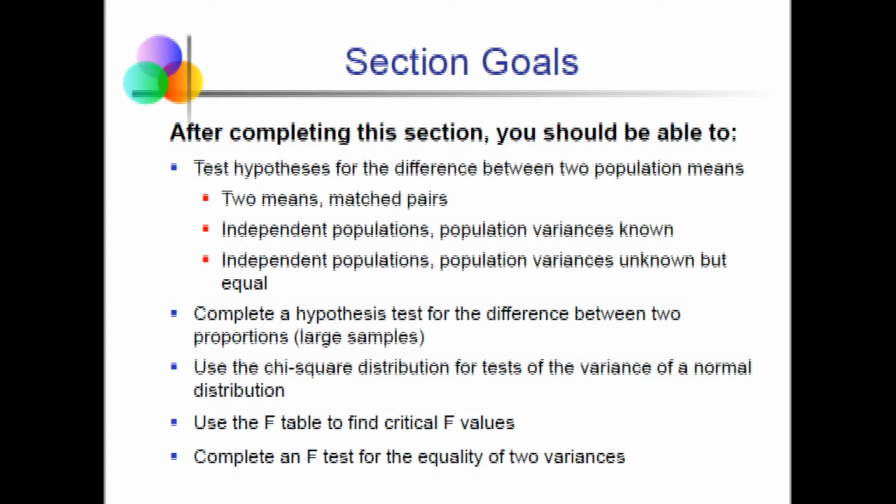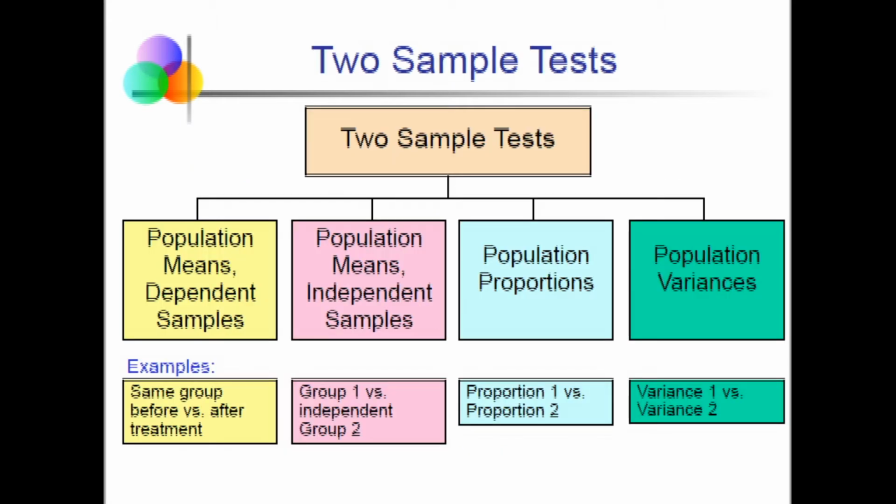We're also going to test hypotheses for proportions as well as variances. So for population means we have dependent samples and independent samples.